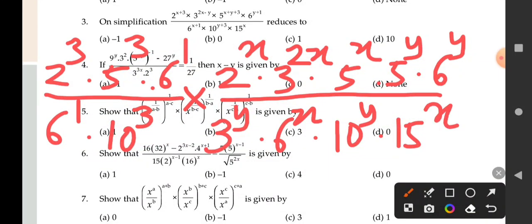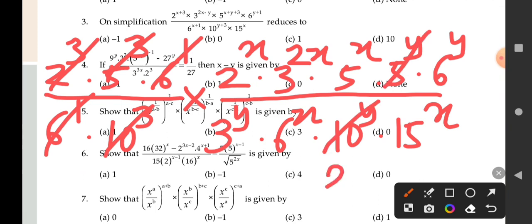So left hand side, 6 power 1, 6 power 1 gets cancelled. 5 2s are 10, 10 power 3, 10 power 3 gets cancelled. On the right hand side, we have 5 power y, it becomes 2 power y, correct? So 2 power y, 3 power y means 6 power y gets cancelled.